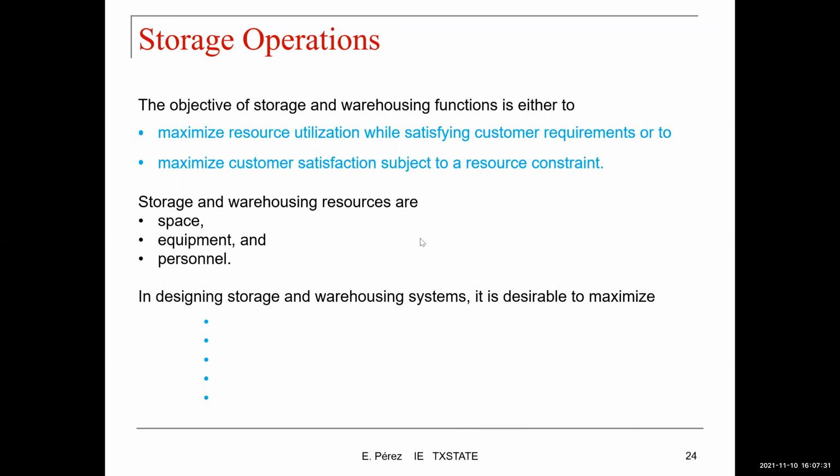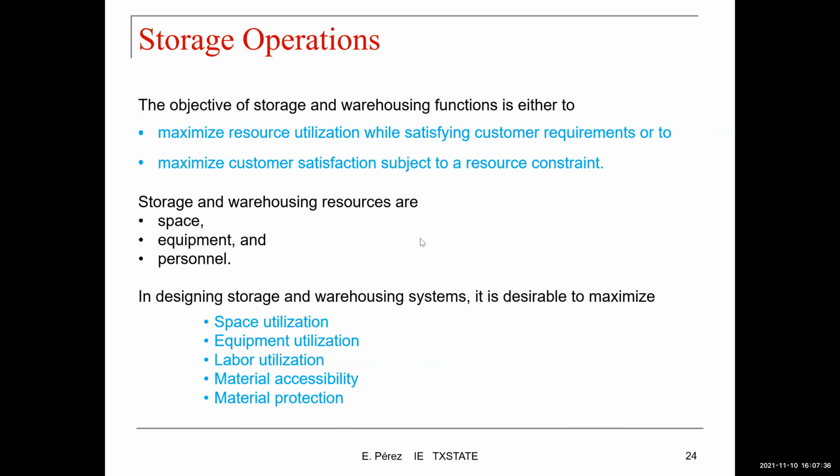So in designing storage and warehousing systems, it is desirable to maximize all this: space utilization, equipment utilization, labor utilization, material accessibility, and material protection. So this is a multi-objective type of problem.